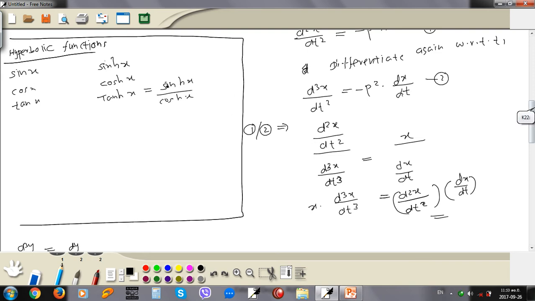Sinh x is defined as e to the power x minus e to the power minus x over 2, and cosh x is defined as e to the power x plus e to the power minus x over 2.